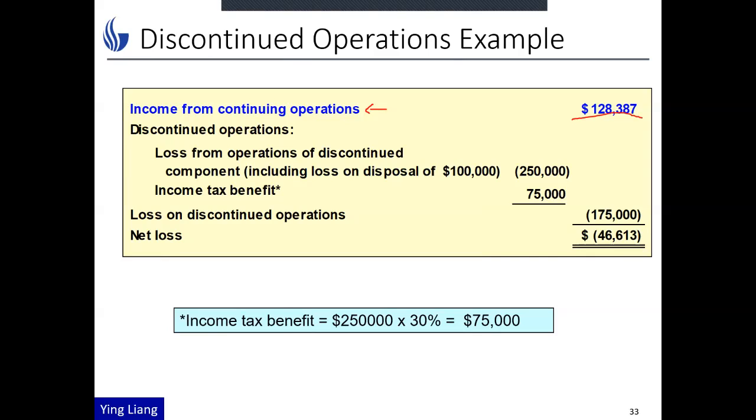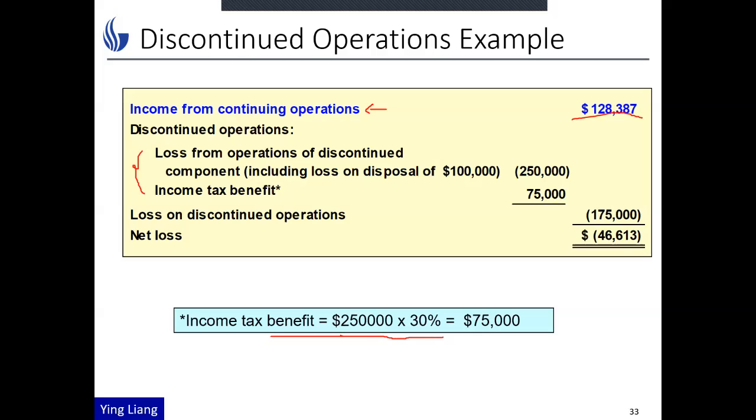And then we have this discontinued operation, the second line. To break it down, we have a loss. This loss includes two things, the loss of the business and also a loss on disposal. So in total, it's $250,000. Since it is a loss, we have an income tax benefit. Now this $75,000 is calculated using the 250 times 30%. So we paid less than we should.